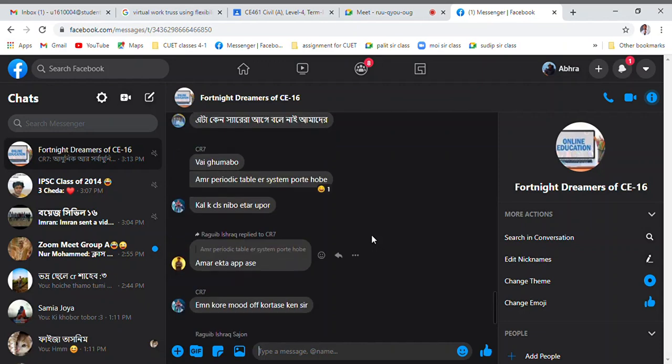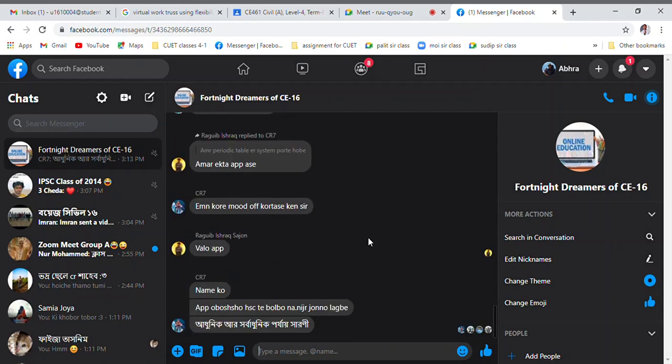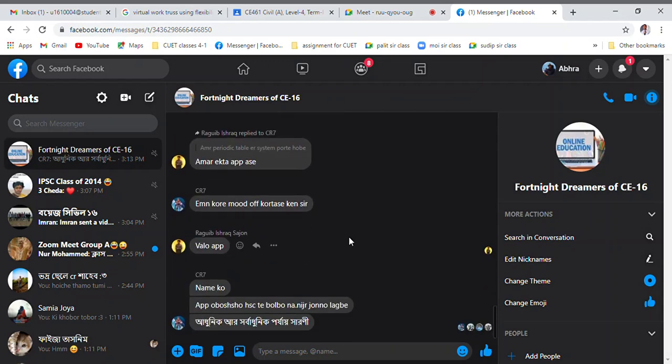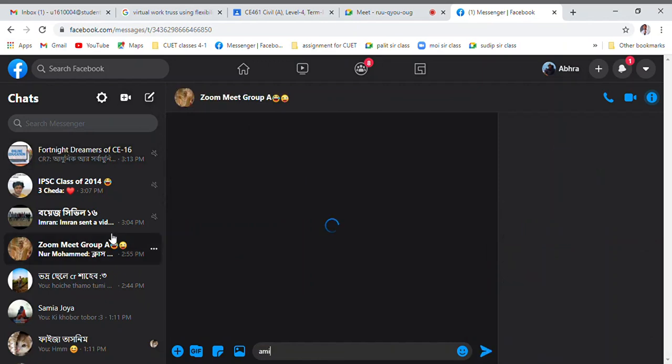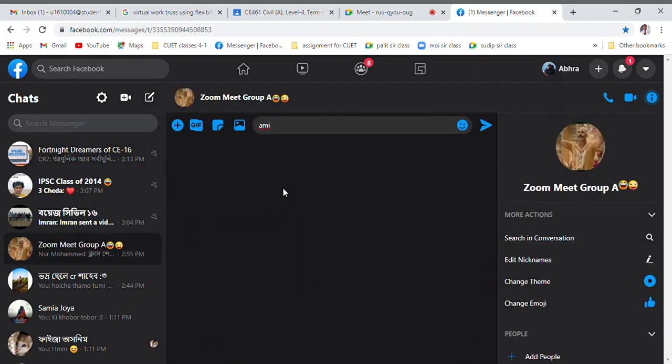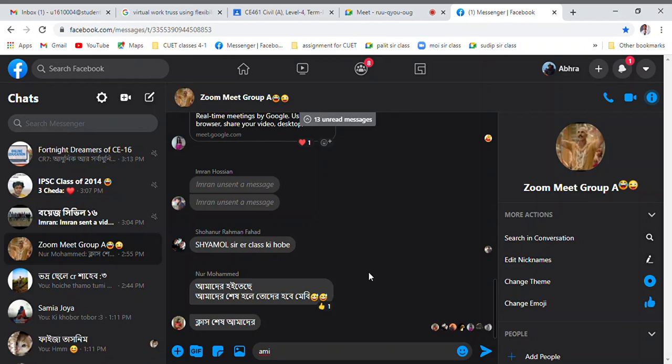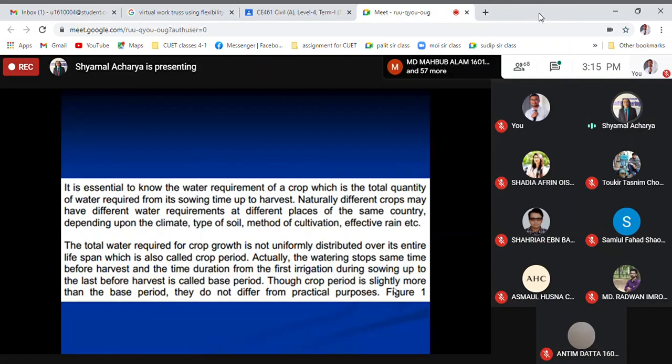Actually, the watering stops sometime before harvest. Say you will harvest your crop on 20th November. This is an example. Today is 11th November.